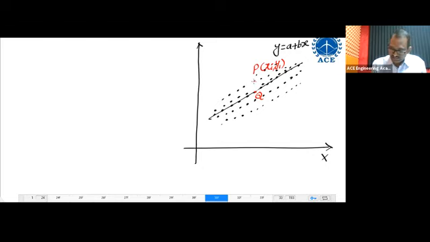My target is to minimize the distance between these two points. If I minimize the distance between P and Q, then the point P should come very close to the point Q. That means the point P should also lie on the line, and then the line will pass through that point.